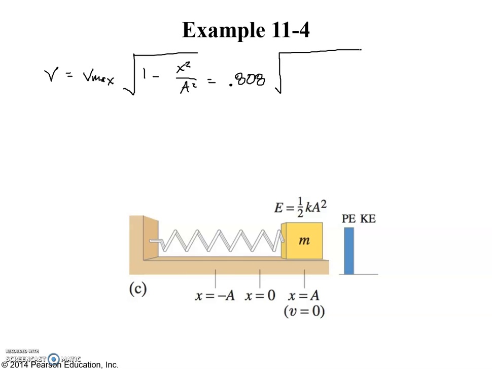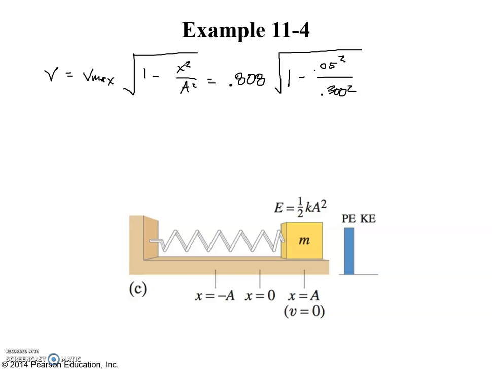We're going to multiply that by the square root of 1 minus, we want to know when x is at 0.05 meters. Square that, divided by the amplitude, which was 0.300 squared.